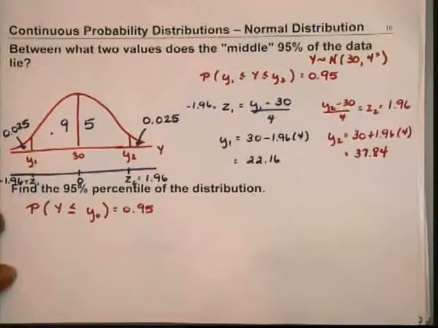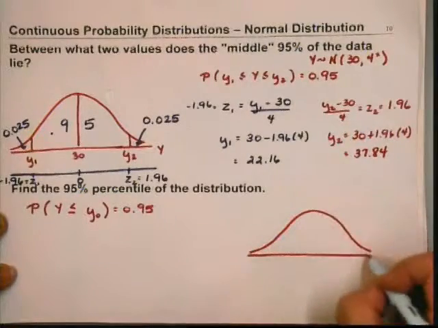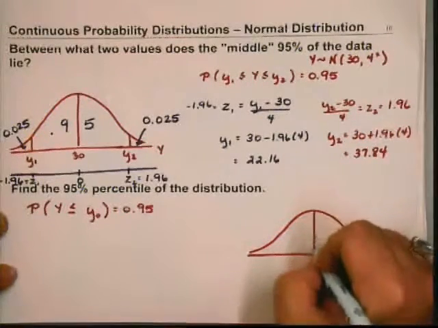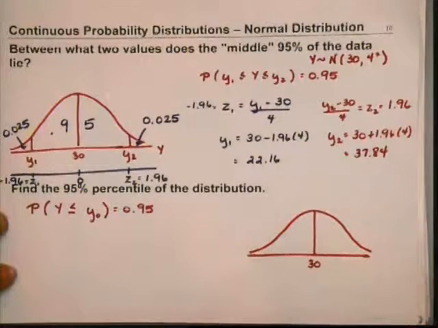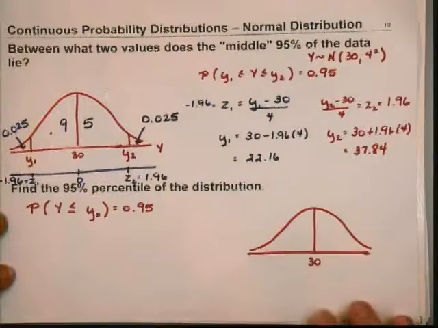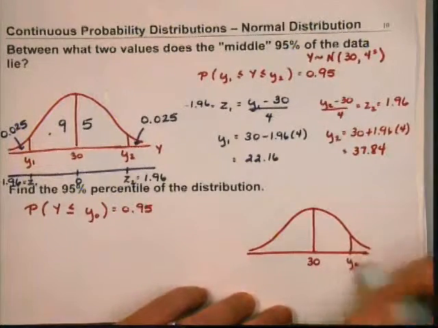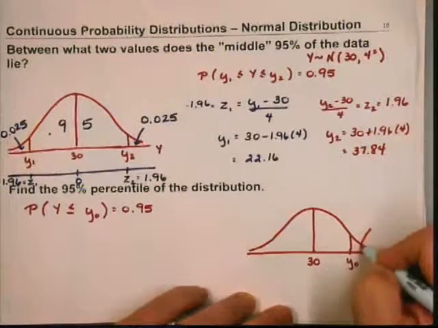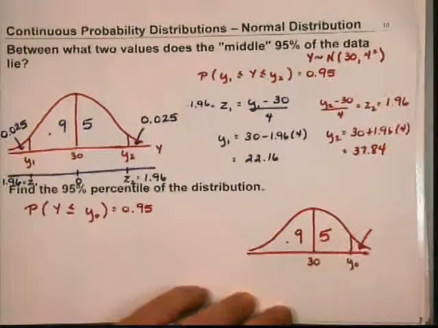That's what it means to be a 95th percentile, right? And so the value for y naught is to the right of 30, agreed? And this right-hand area, if this is 0.95 to the left, the right-hand area must be 0.05.